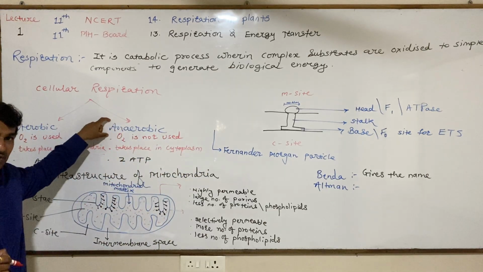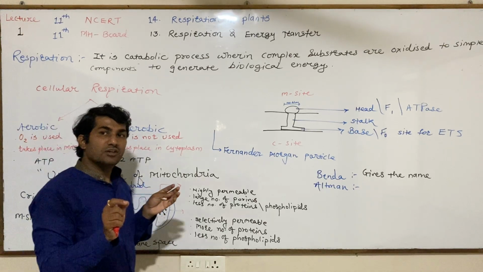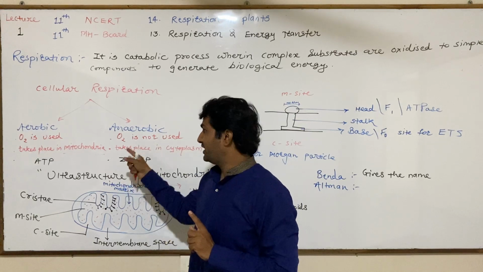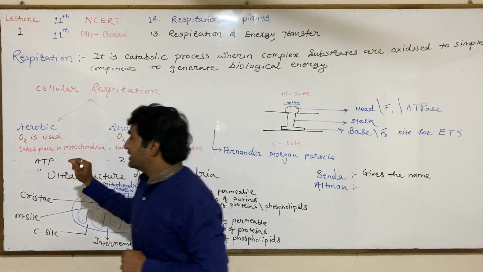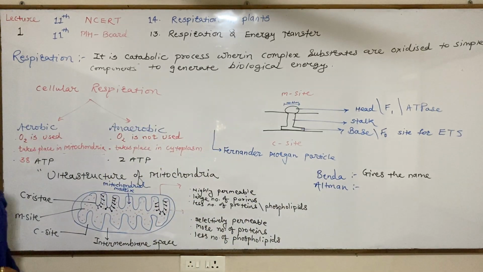When anaerobic respiration occurs, it produces only 2 ATP from one glucose molecule. In aerobic respiration, 38 ATP molecules are generated.